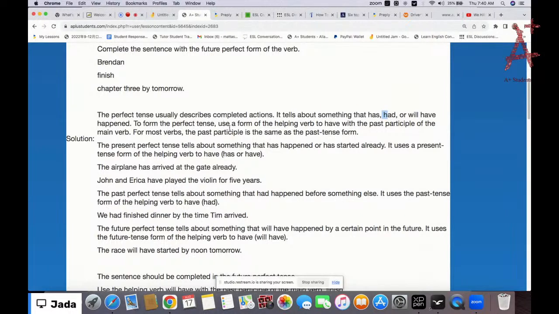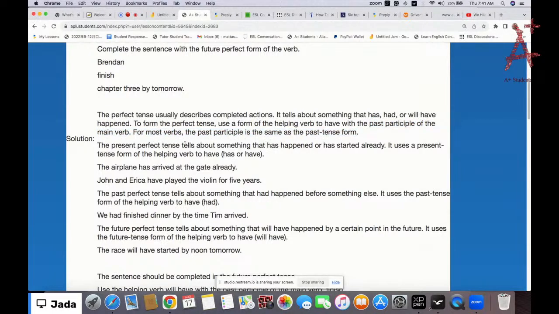To form the perfect tense, take note of this: use a form of the helping verb to have with the past participle of the main verb. For most verbs, the past participle is the same as the past tense, but most times it is not the same. So it's the same thing that we did in the second lesson.